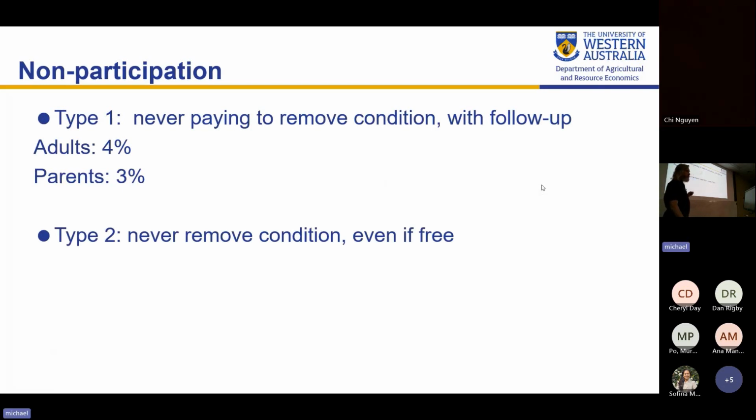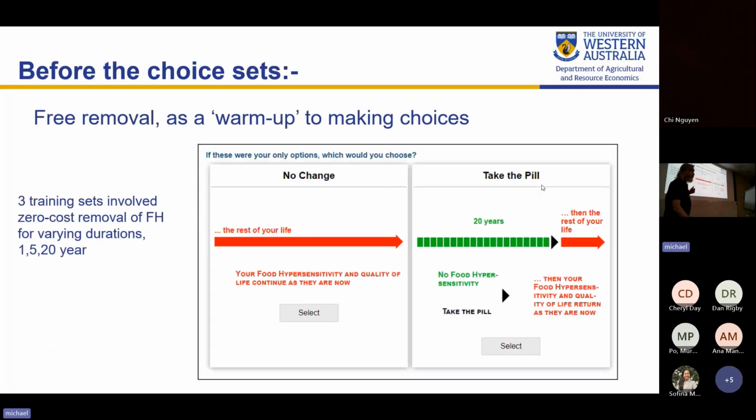But we then also had this type of behavior which we found in the data, which I'm calling type 2, where they would never remove the condition even if it was free. We identified this by the warm-up questions that we were asking in the choice sets. In order to get people used to this idea, that you're going to be presented with these choices, and we're going to give some options, and this is the type of thing you're going to see, we showed them training sets that didn't have a cost in.